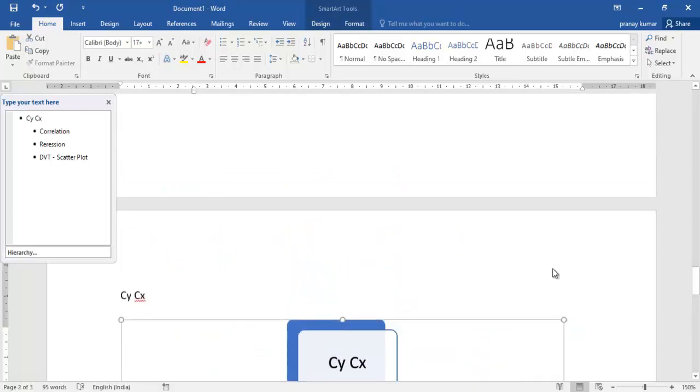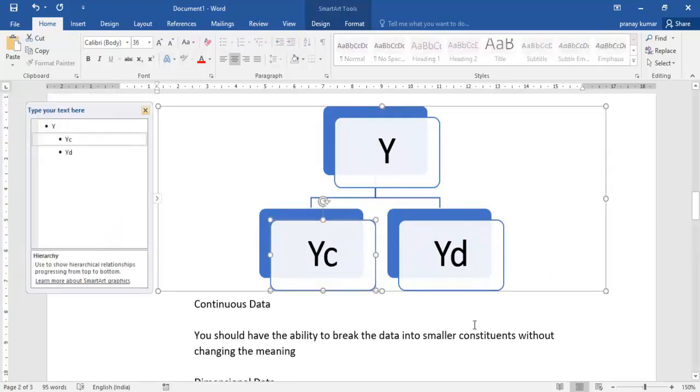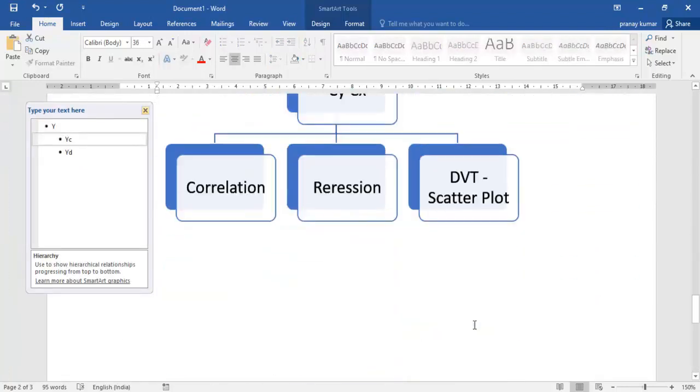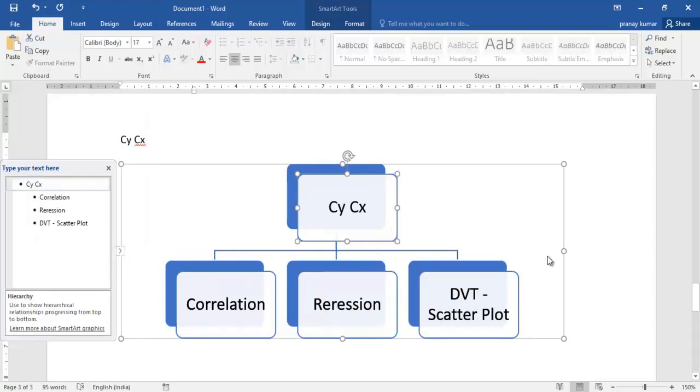So in the first category, we started with the thought that there are only two possibilities for my Y: either my Y is continuous data or it is discrete data. If my Y is continuous data, there are only two possibilities: either my X is discrete or my X is continuous. I am first looking at the first subgroup, where Y is continuous and X is also continuous. In that condition, I have two options from the hypothesis testing perspective: the correlation test and the regression test.